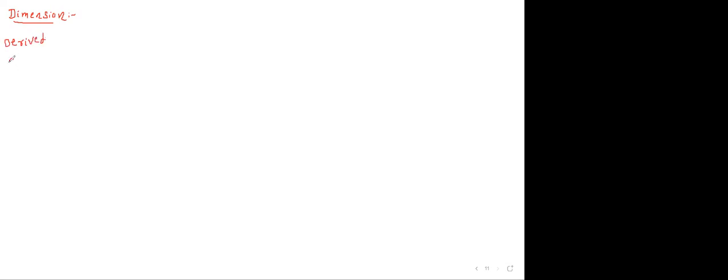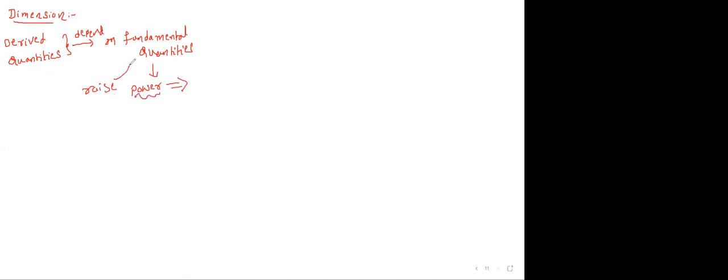Derived quantities are the ones which depend on fundamental quantities. When they depend on fundamental quantities, we have to raise powers for the fundamental quantities. Whatever power you raise for the fundamental quantities to get a derived quantity, that is called the dimension.